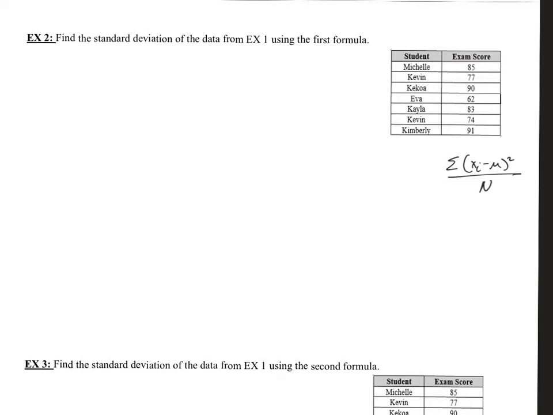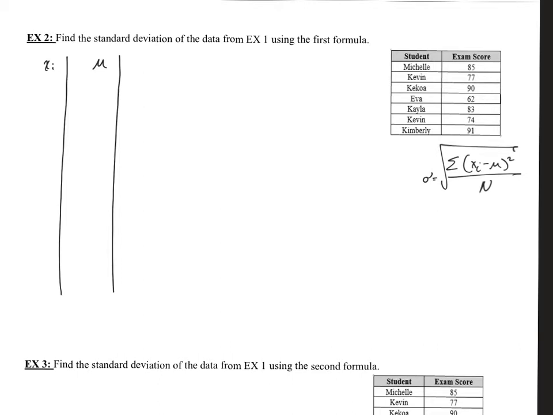So let's make a chart so we have our data nicely outlined. We'll have our xi values, which is our score. Then we'll have mu, our population mean, which we'll find. Then, taking apart our formula here, we'll find the xi minus mu first, and then we'll take that value and square it.